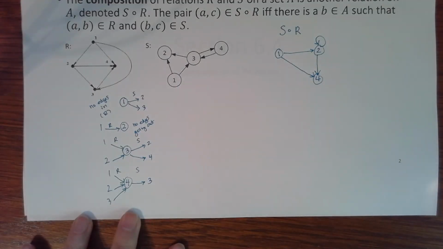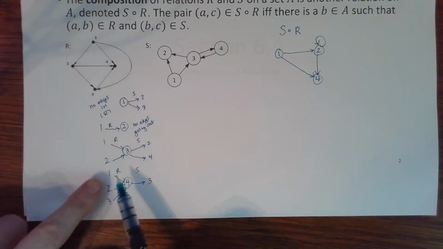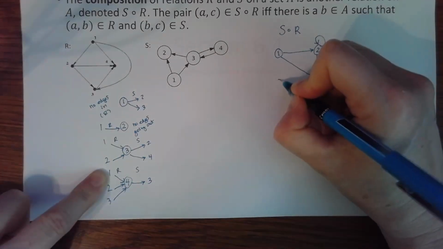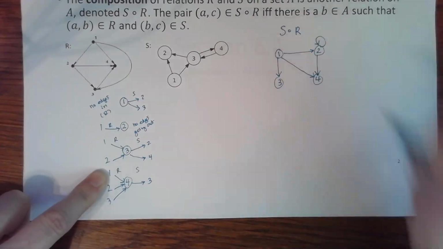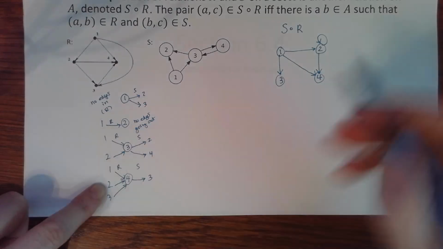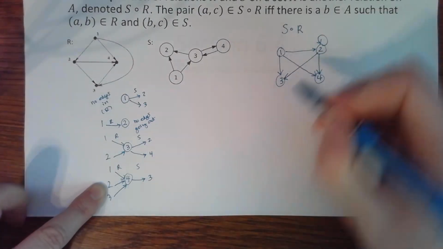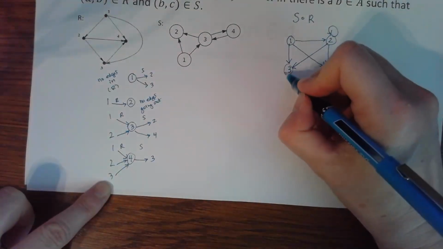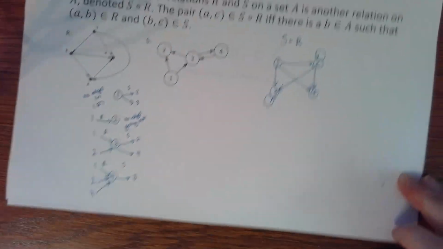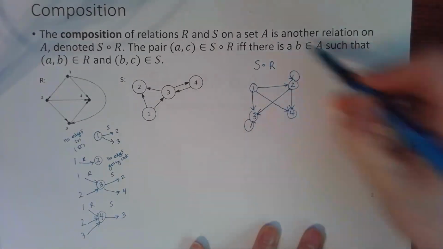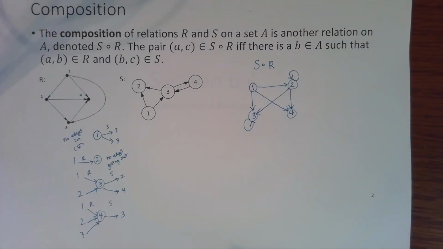So if we eliminate the middleman, we can go straight from 1 to 3. I'll put that edge in. I can go from 2 to 3, or from 3 to 3, so there'll be a self loop there. So this digraph would represent the composition S composed with R.